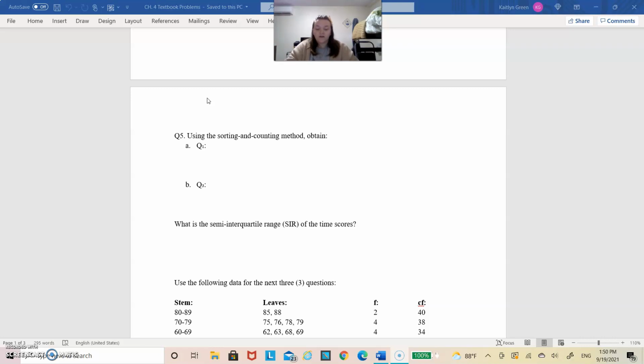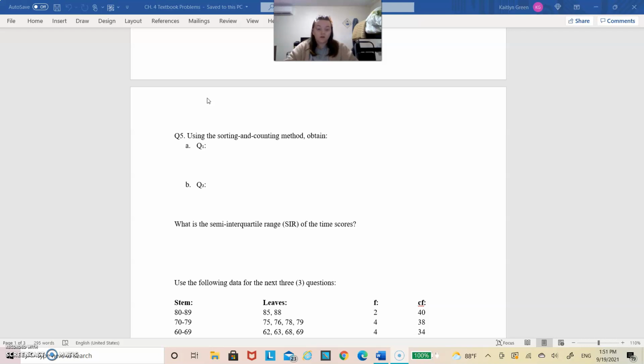So first I was finding the address for Q1, which is a very similar equation as the median address. However, since we're trying to find the first quartile, it'll be 1/4 instead of 2/4. And then you will see whenever we do Q3, it'll be 3/4. But I found the address for Q1: I took 1 multiplied by 20 plus 1, divided by 4.